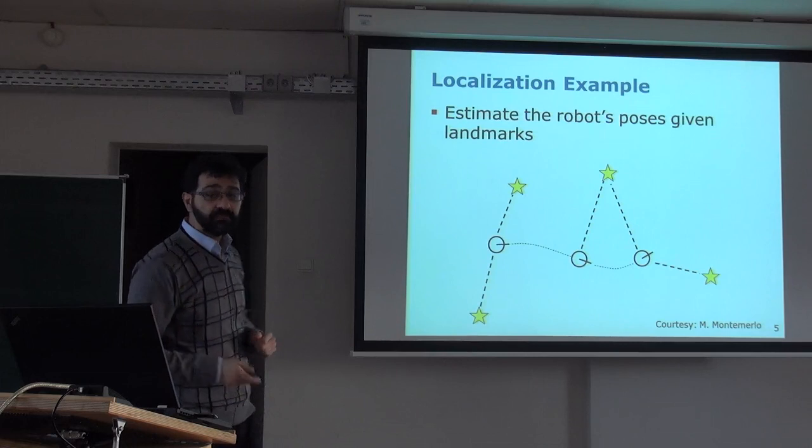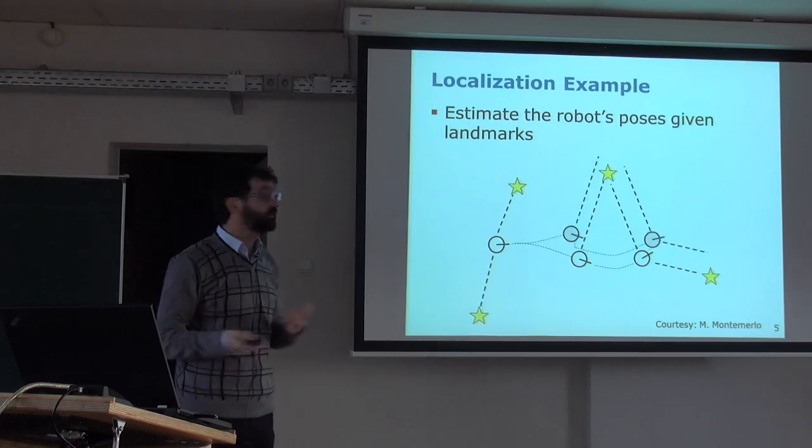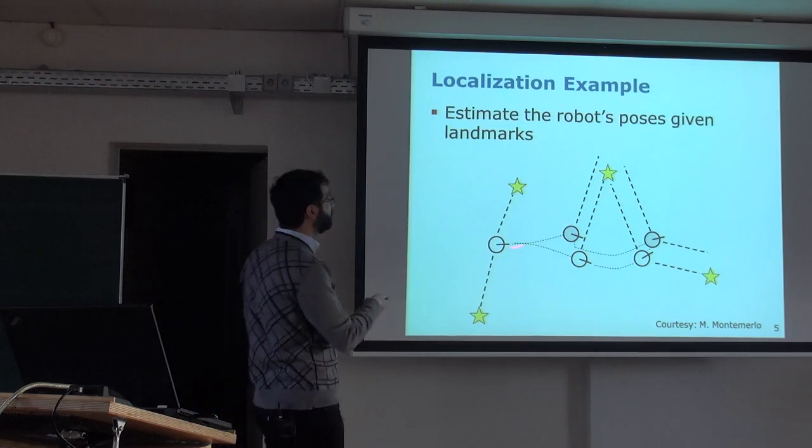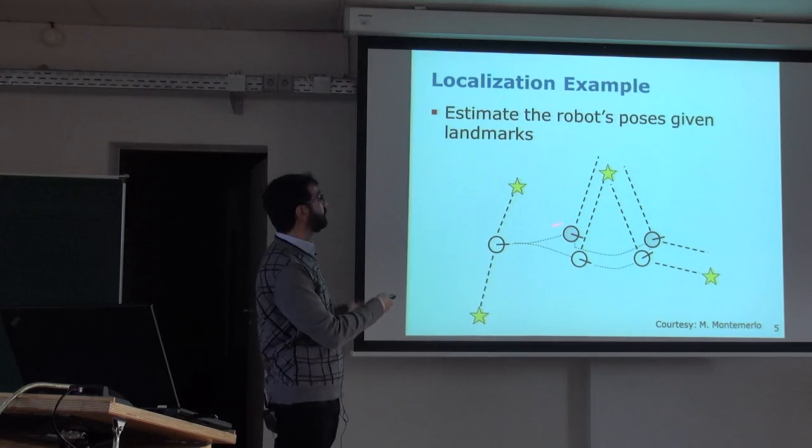Now, if we are trying to localize, what actually happens is that nothing is really certain. We try to move around, we think that we moved here on the left, but in reality we are here. And what we try to do is observe a landmark. I should have seen a star here, but there is no star.